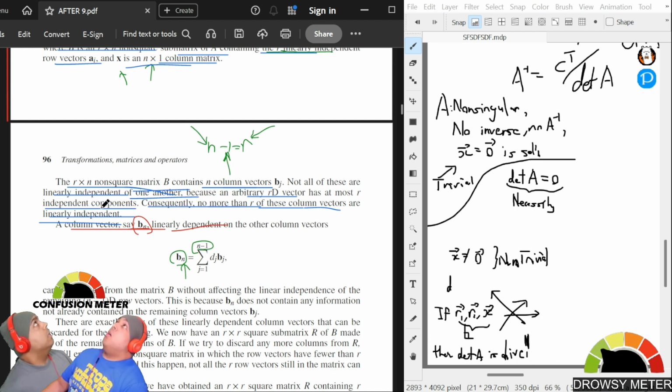So let's just continue. It's not like this hurts, right? You have a constant dj times bj, j equal 1 to n minus 1. Bn equals a number times b1.